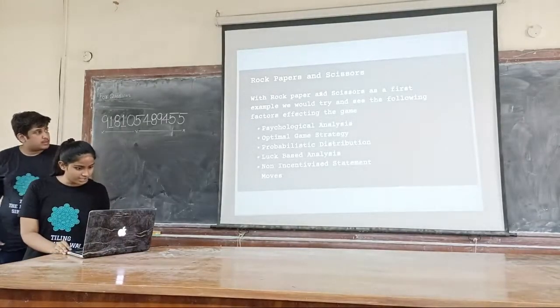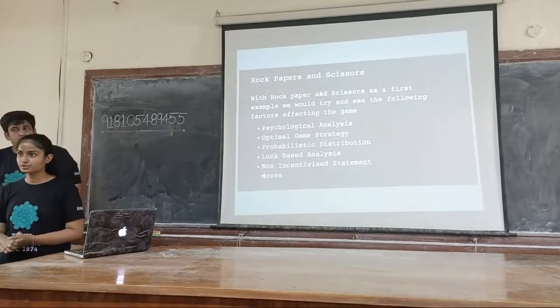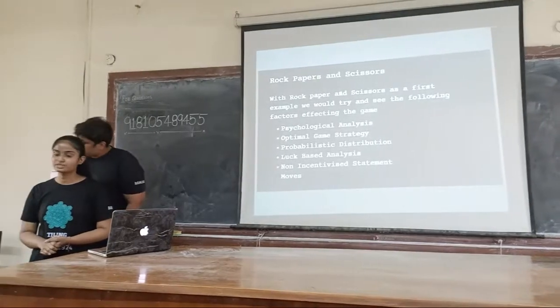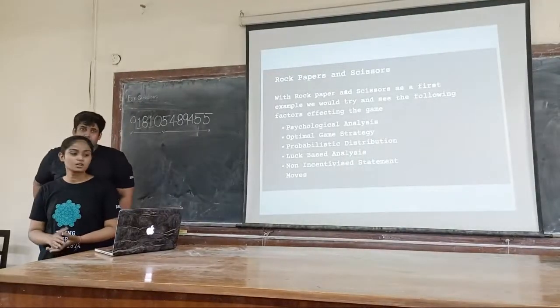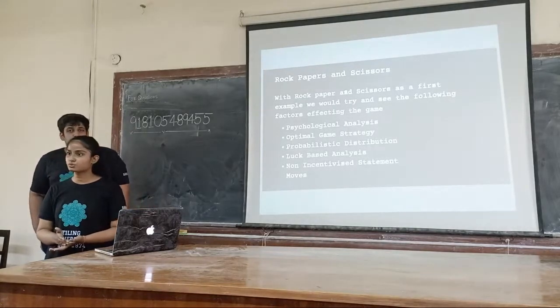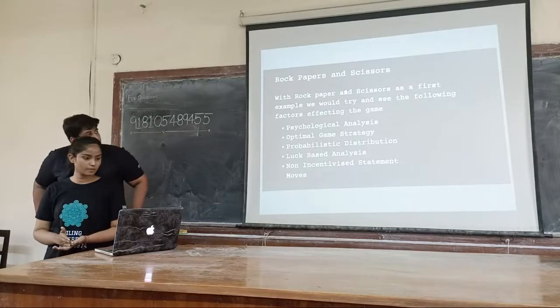On the psychological analysis that you mentioned, a group of researchers from a Chinese university have published a paper mentioning the role of psychology in winning or losing at rock, paper, scissors. What they did was they took 360 students, split them into 6 groups, and made them play 300 rounds of rock, paper, scissors.